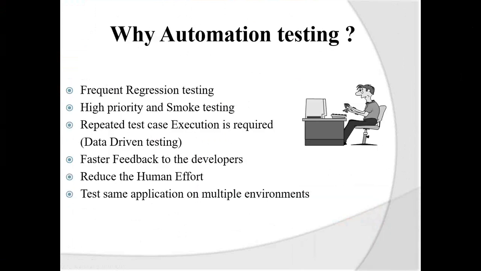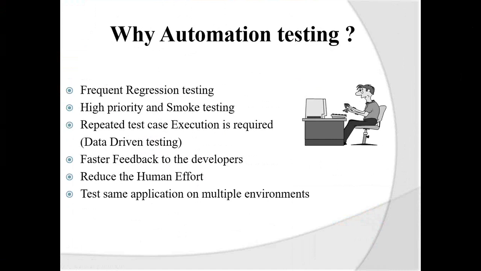Why automation testing? Okay, frequent regression test cases. Hope you guys know what is smoke and regression testing. Hope most of you have already attended manual testing classes. Please let me know if someone is not clear on smoke test cases, sanity test cases, plus regression test cases, because these three are very important to understand before going to automation, because these are the cases we are going to automate.